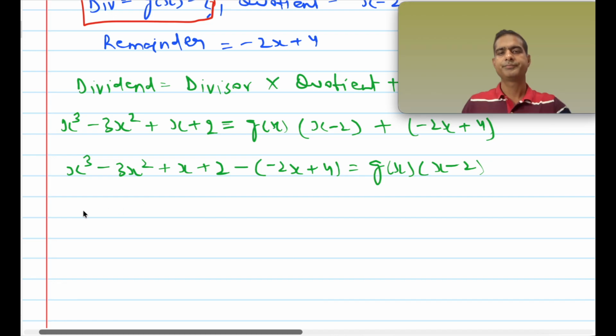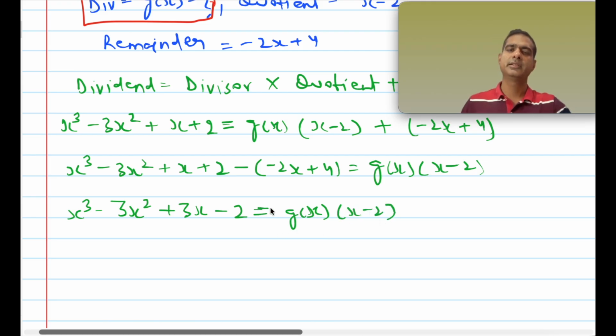Adding, it will be x cube minus 3x square, and x plus 2x will become plus 3x, and it will be negative 4 plus 2, negative 2, is equal to g of x times x minus 2.